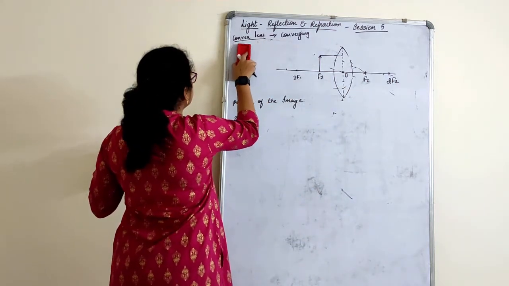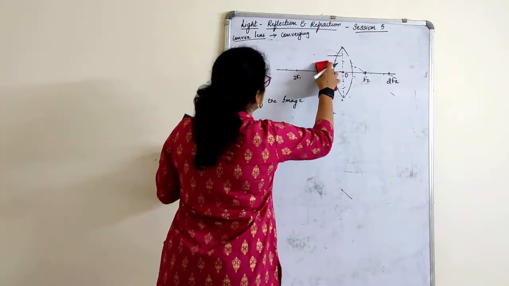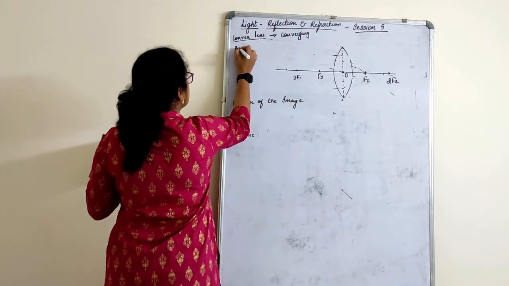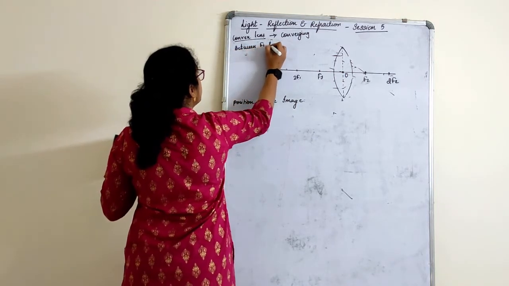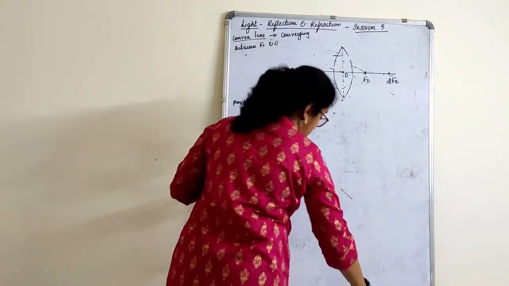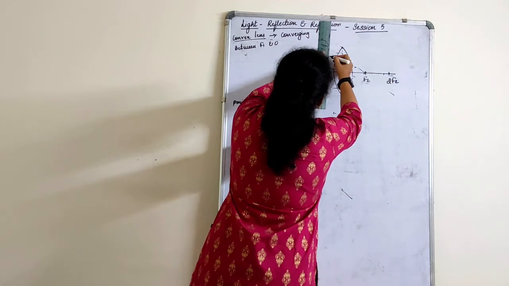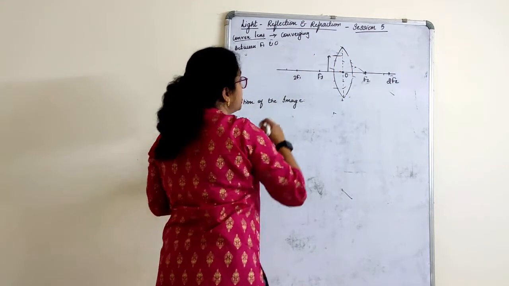The last one in the ray diagram: when the object is kept between F1 and O. So this is the object.